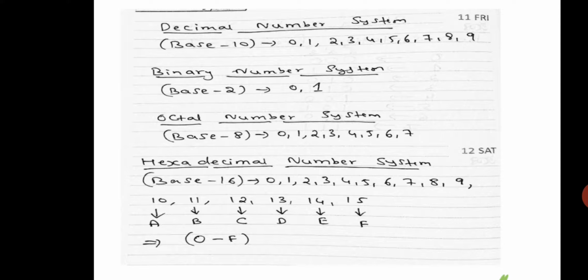Say for example you are taking 23, and you want to represent 23 in decimal form, where 23 is in the octal number system. How to convert or interpret that 23? It is nothing but 2 into 8 to the power 1 plus 3 into 8 to the power 0.